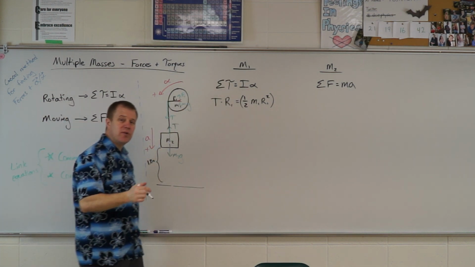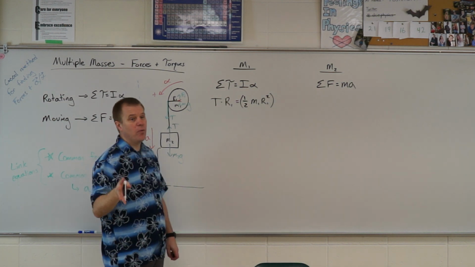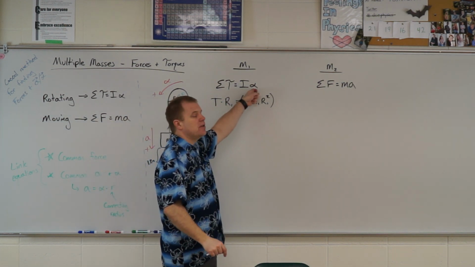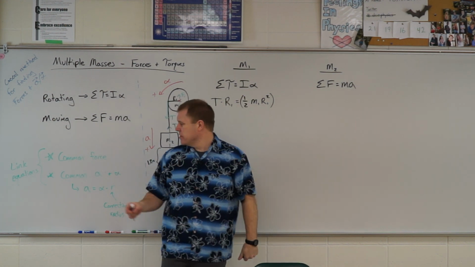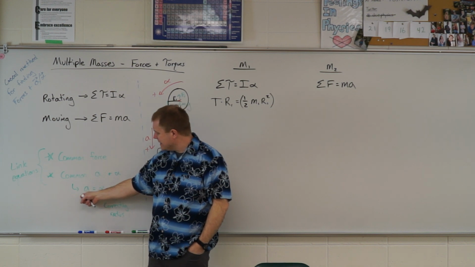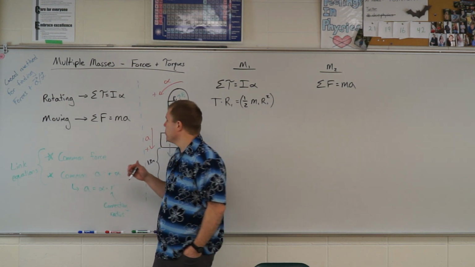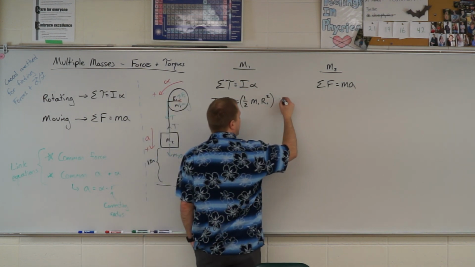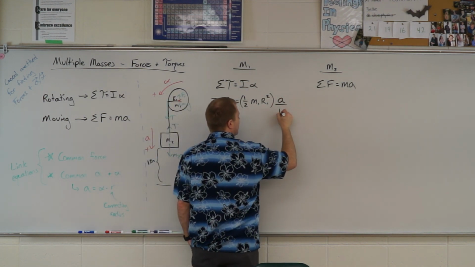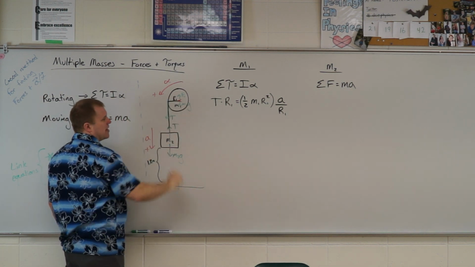Here we're always going to substitute in for alpha, and I'll show you the reason why in a second. Alpha is the linear acceleration divided by the connecting radius, and the string is attached at radius R1.